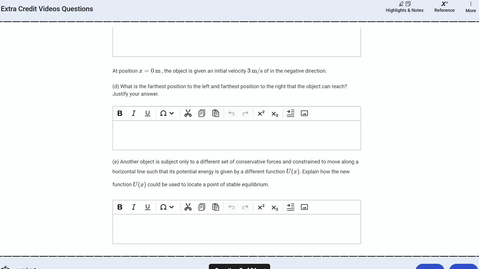And it described that a local minimum of the function would represent a point of stable equilibrium, because a local minimum would show that at that point, if it's slightly displaced, the object would experience a restoring force that pushes it back towards the equilibrium position.